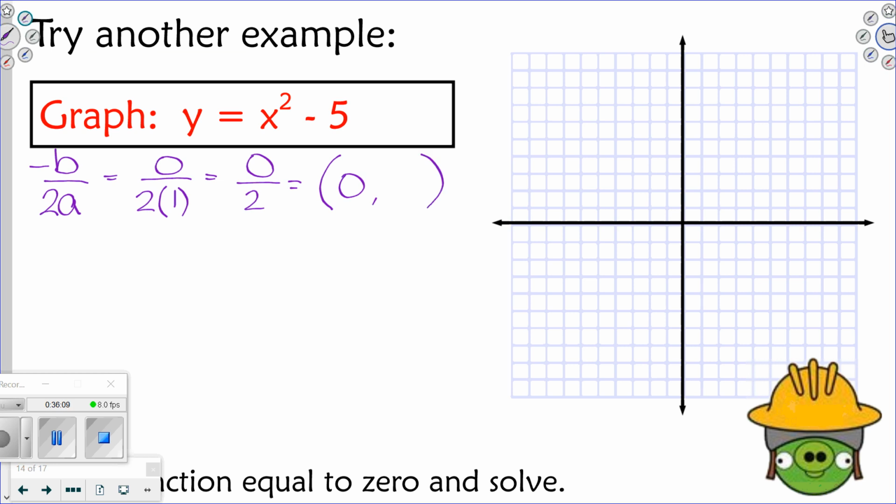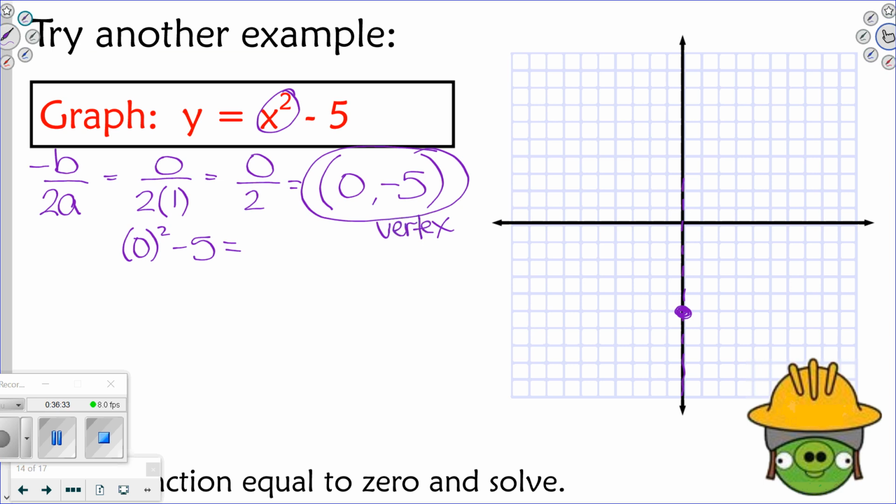All right, and then we plug that back in. So 0 squared minus 5 is -5. So 0, -5 is just down 5. And then that means my fold line is right on the axis.